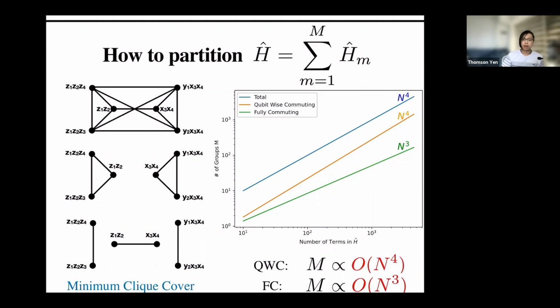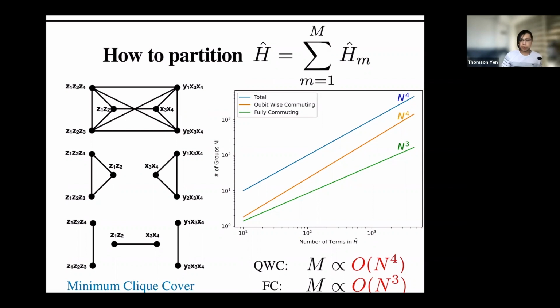But fully commuting, because now we have relaxed the condition, you can actually show both empirically and theoretically that there is a clique covering that only has n to the 3 scaling with number of orbitals. So here are the results for the measurement schemes in the qubit space.